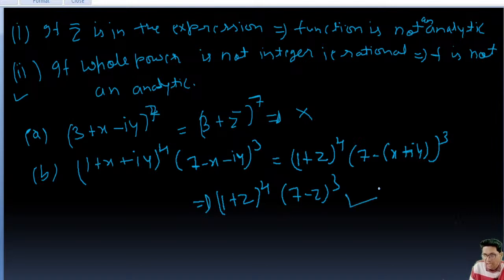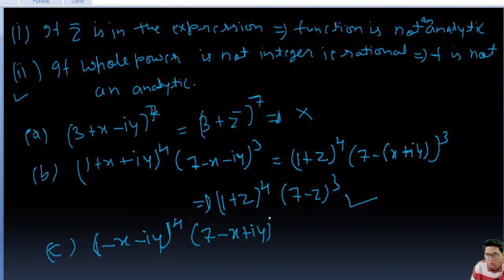It means it is an analytic function. We'll check C and D as well. Option C is (1 minus x minus iy) to the power 4 into (7 minus x plus iy) to the power 3.